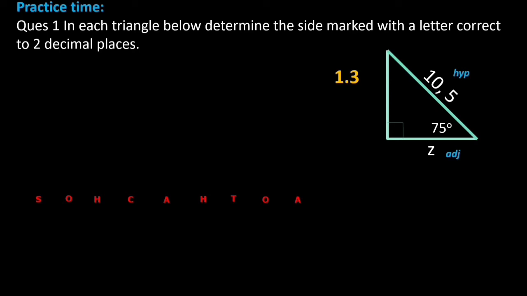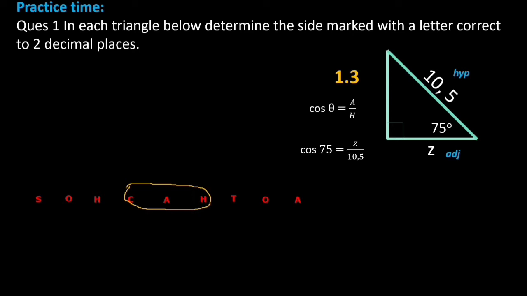Adjacent over hypotenuse gives us the cosine ratio. So to solve this problem, let's use the cos of 75, because the cosine relationship is based on the ratio of the adjacent side over the hypotenuse side. So cos of 75 is equal to z divided by 10,5.